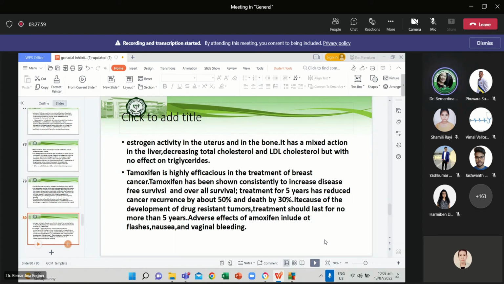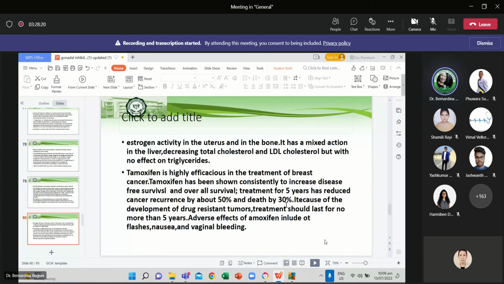Okay? It is highly efficacious in the treatment of breast cancer. And it has been shown to increase disease-free survival and overall survival. Treatment for 5 years has reduced cancer recurrence by about 50% and death by 30%.